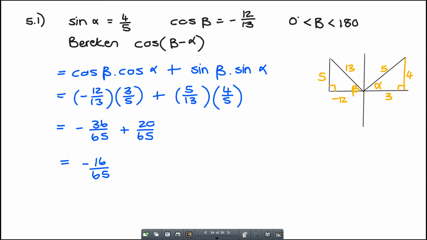Nou gaan ek gou vinnig, onthou julle ons het nou eendag gedoen. Do you remember we did those double angles? Nee, die dubbelhoek identiteite. You still copying, nee? Okay, you guys can open up your book on page 96. We have done those, nee?